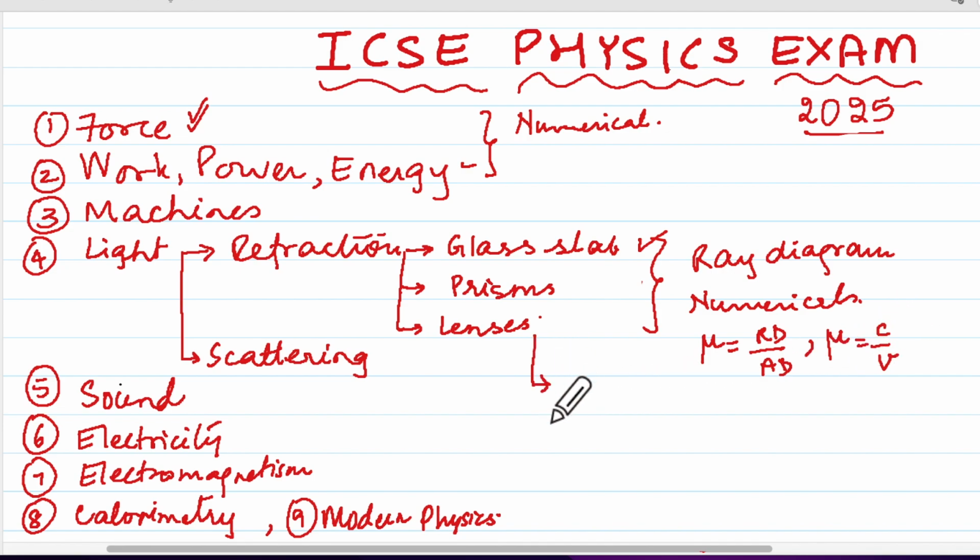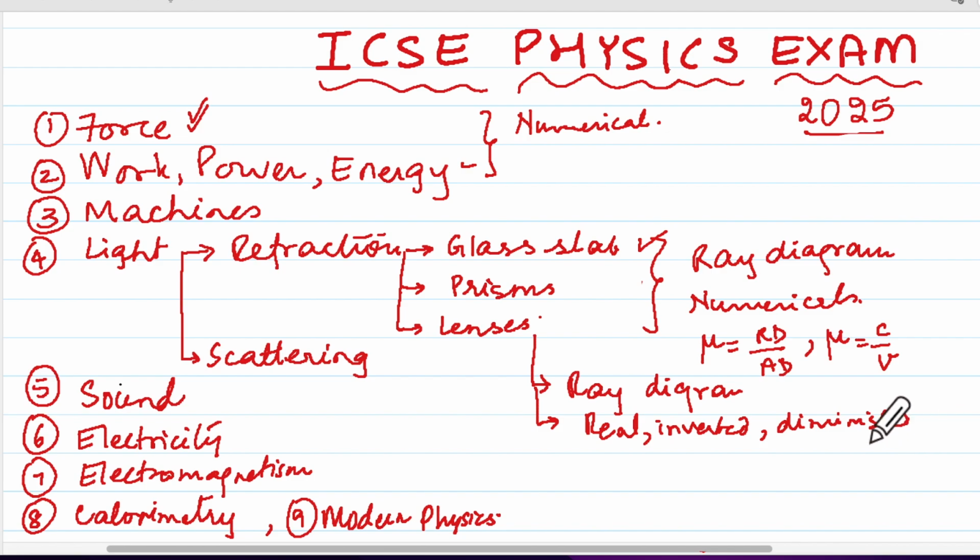When it comes to lenses, again you'll have ray diagrams. They will ask you to draw the diagrams, and you need to also know by the description of the image. Like if it is real, it has to be inverted image. So if it is diminished as well as real and inverted, then where is the object placed and what is the nature of lens?